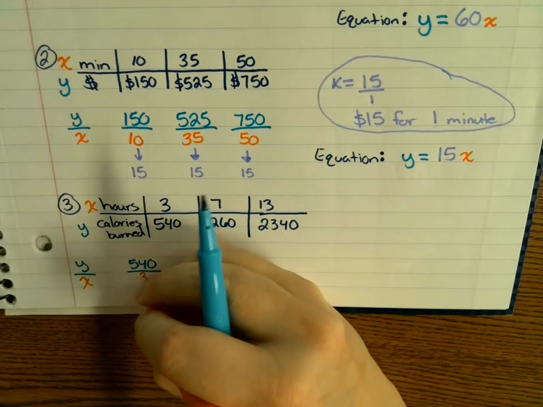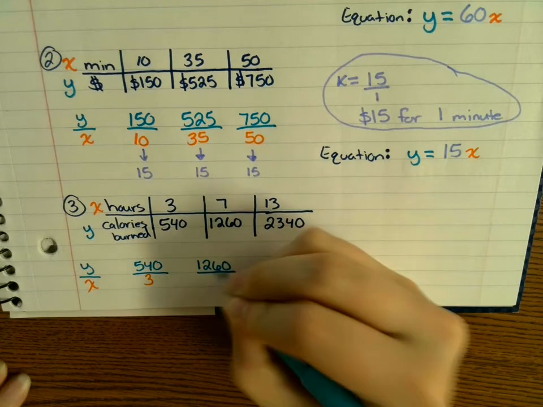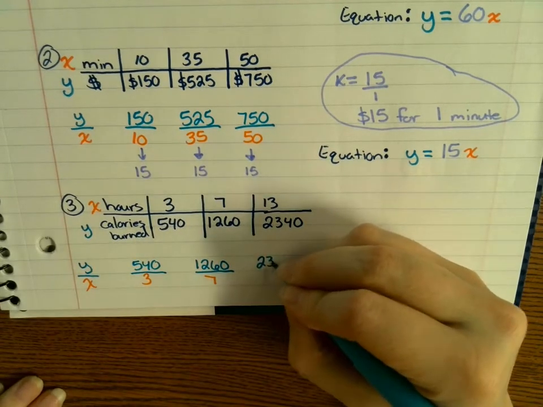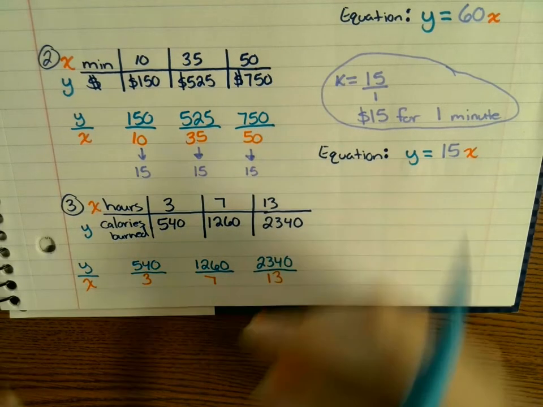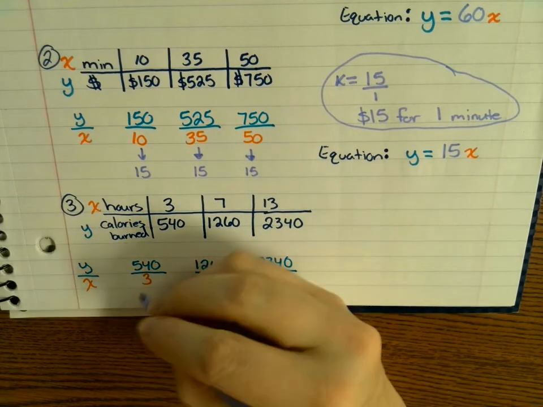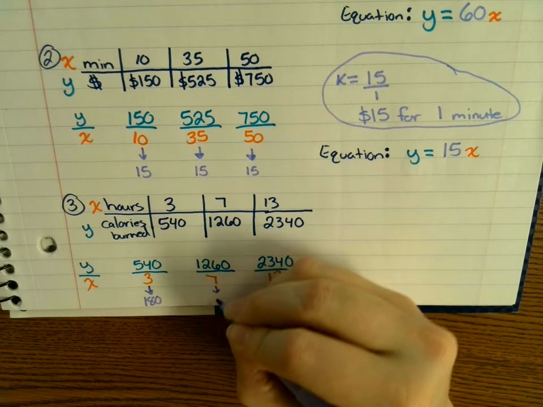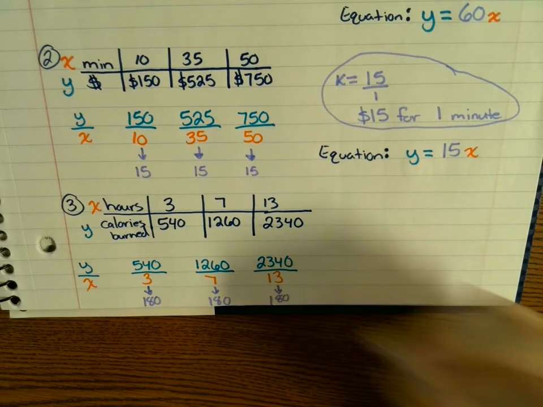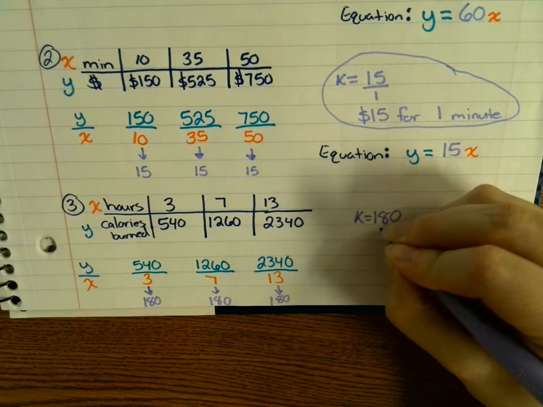We can set it up as 1,260 over 7. We can set this up as 2,340 over 13. Each of these is going to simplify down to 180. They all simplify to 180. So we know that k is equal to 180, or 180 over 1.